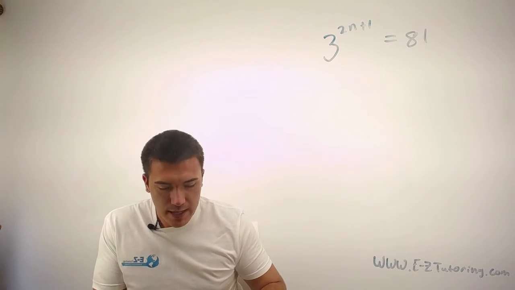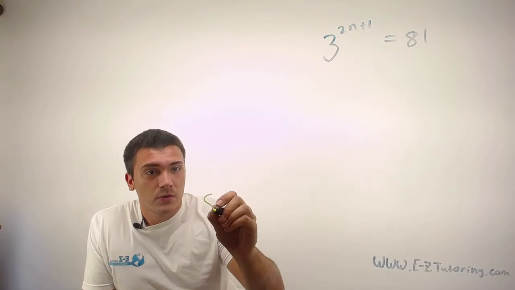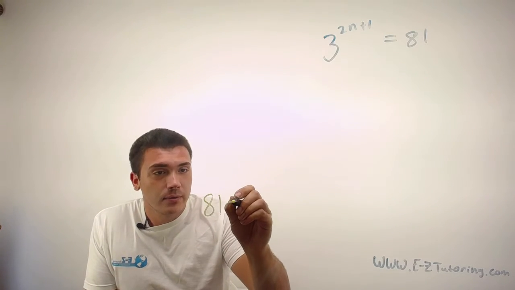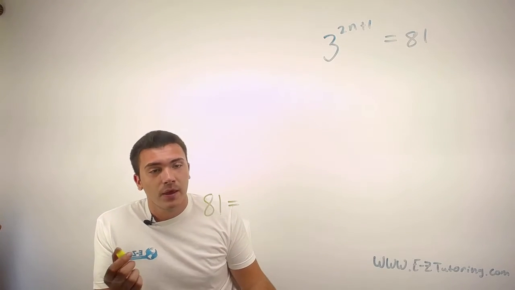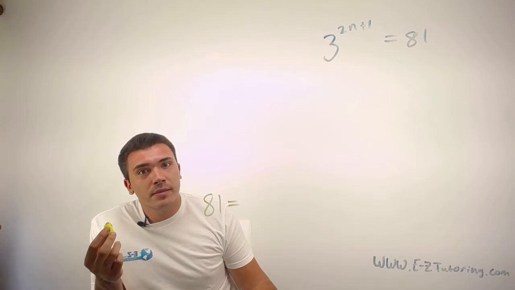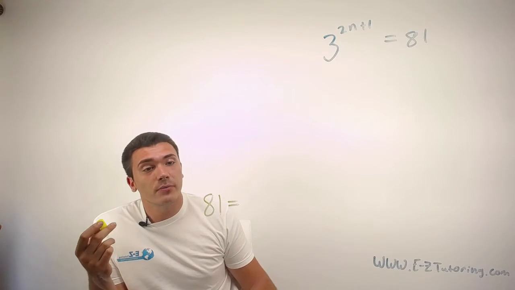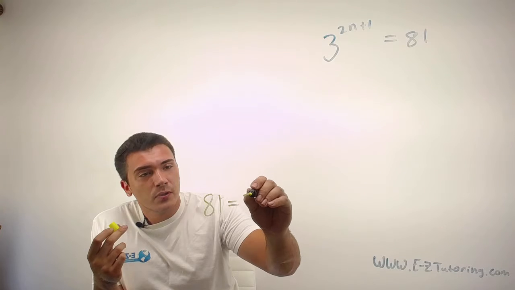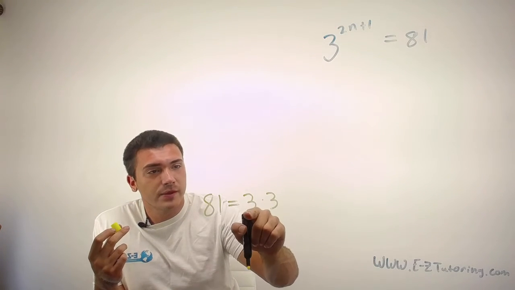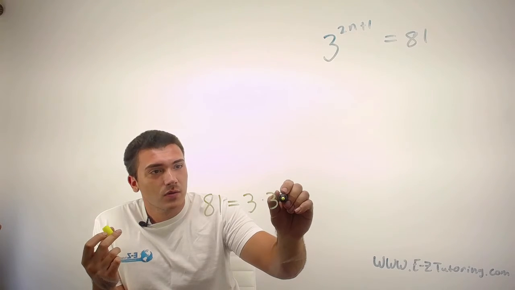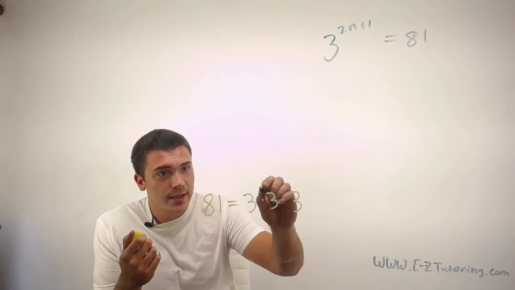So we have to write 81 in terms of 3. So 81 equals something with 3 to a power. Well, how many times does 3 go into 81? Or does it even go into 81? If we do 3 times 3, that gives us 9, times 3, that gives us 27 so far.